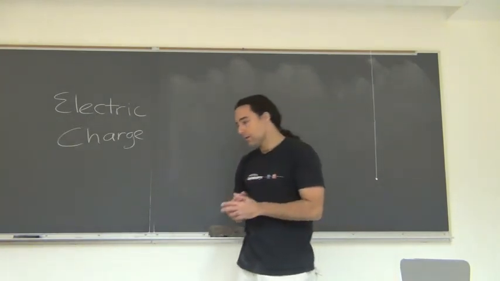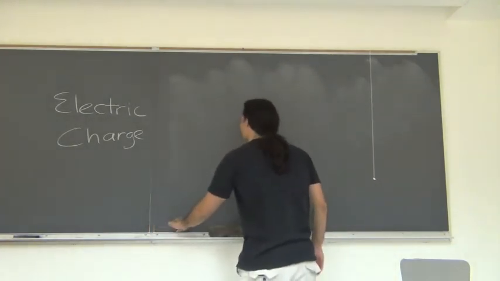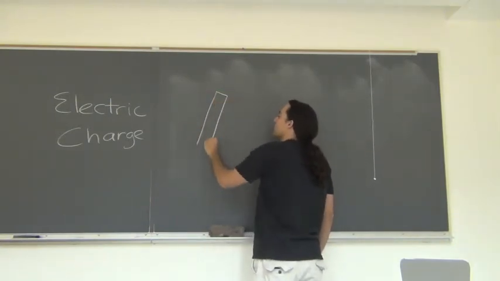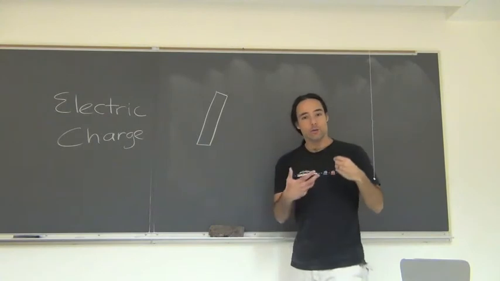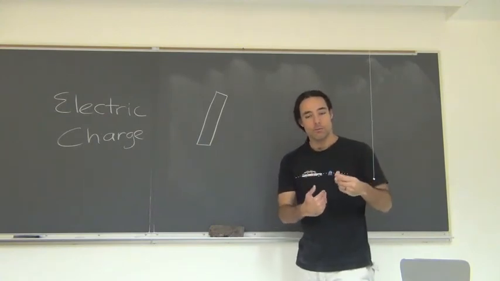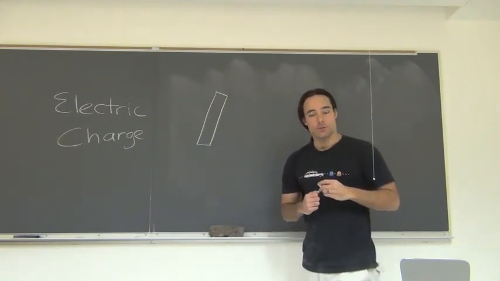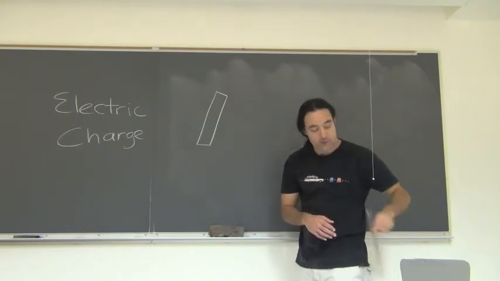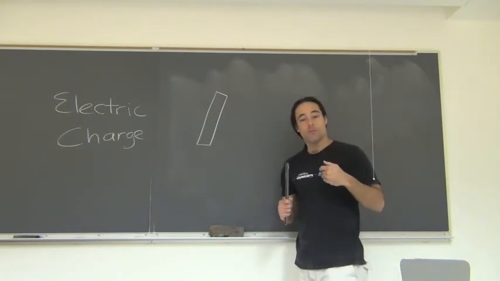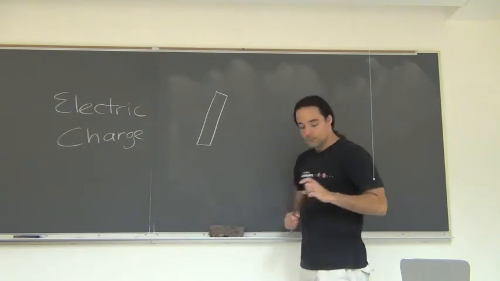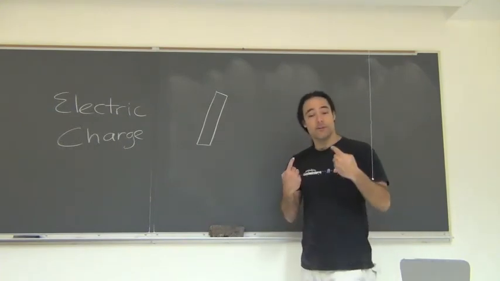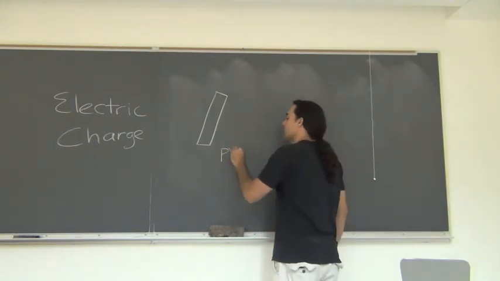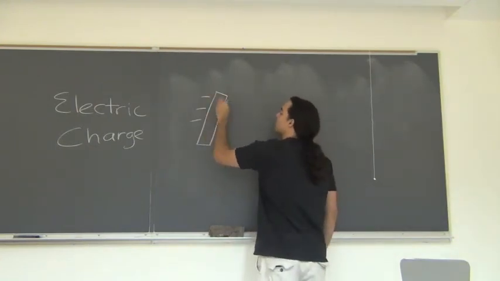So what's going on here? Well, when I first put the PVC pipe in contact with the paper towel, we transferred some charge. We also transferred some charge to the glass rod. For the sake of simplicity, since we have these two types of charge, I'm going to call the charge on the PVC pipe negative.